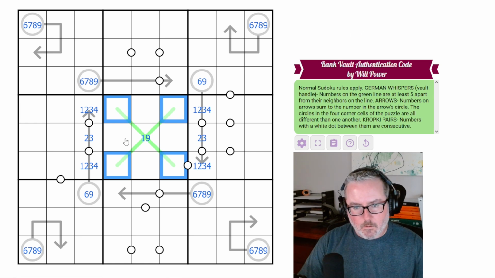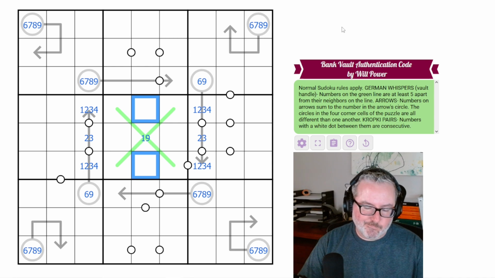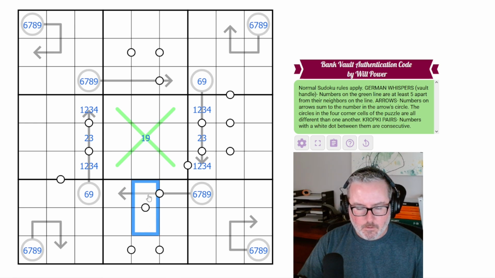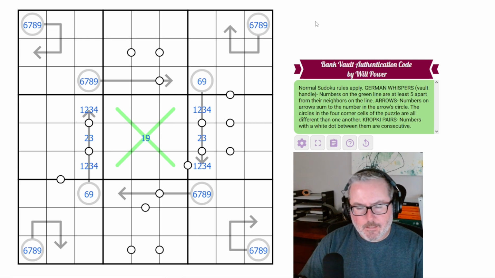And if they were all highs, because of this 2-3 pair, you would know that these would be a 2-3 pair. Now, if that's a 2-3 pair, does that put any pressure on what this was doing? I don't believe it does.